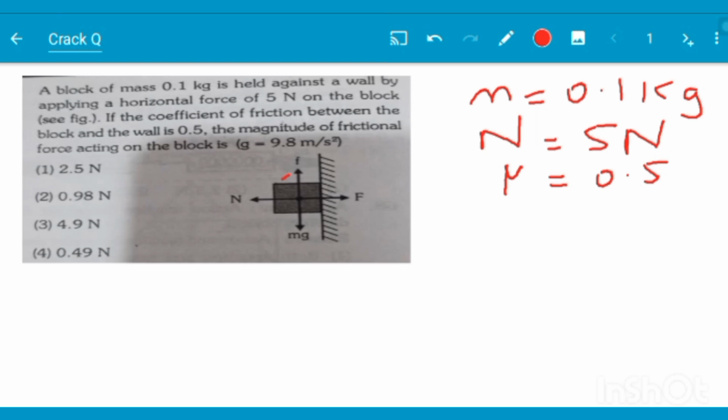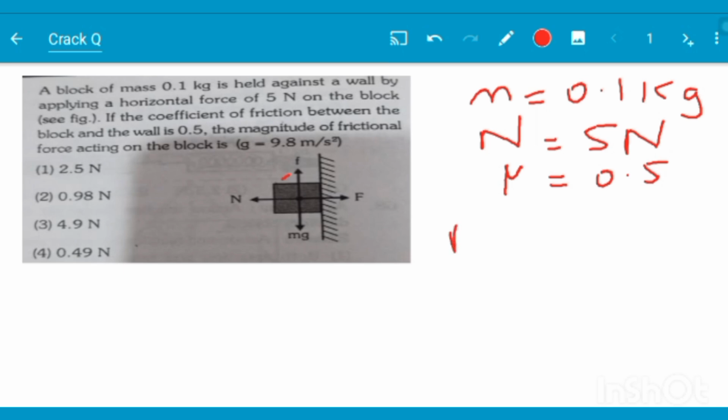The first procedure is to find the static friction. Then only we can know whether the force we applied changes static friction to kinetic friction or not. So we should find the static frictional force.